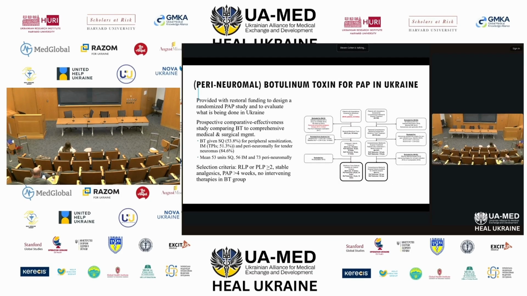So we received Restoral funding to design a post-amputation pain study in Ukraine to have them join our ongoing randomized trial examining ketamine and stellate ganglion blocks for PTSD and TBI, and then to look at what they're doing. And so that's where this comes from.